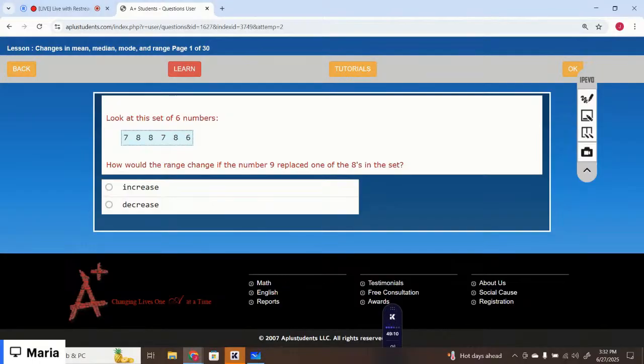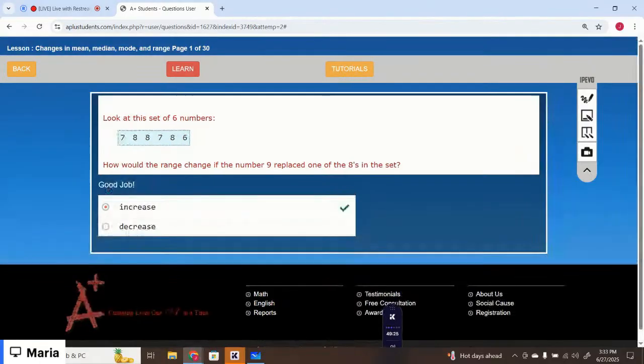If 8 is replaced by 9, the range would be increased, right? 9 minus 6 is 3, so the range would be increased.